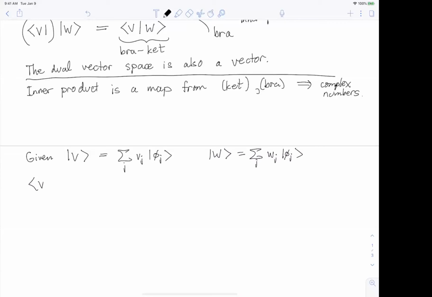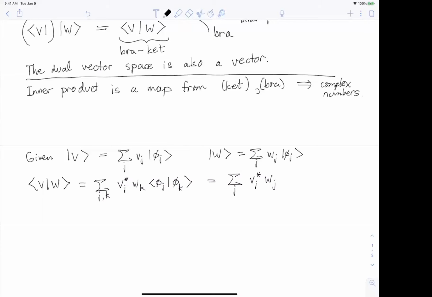So I write that as V inner product W. And what's it going to be? It's going to be a sum over all j and all k of V sub j complex conjugate W sub k of phi j phi k, which is equal to a sum just over j of V sub j star W sub j.